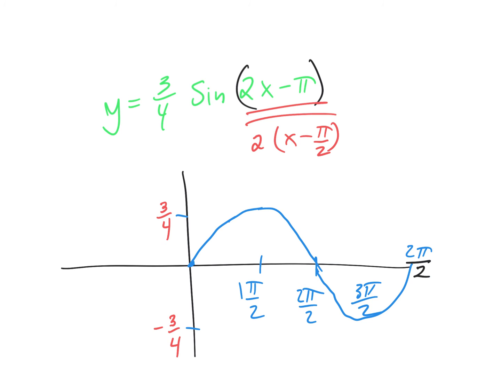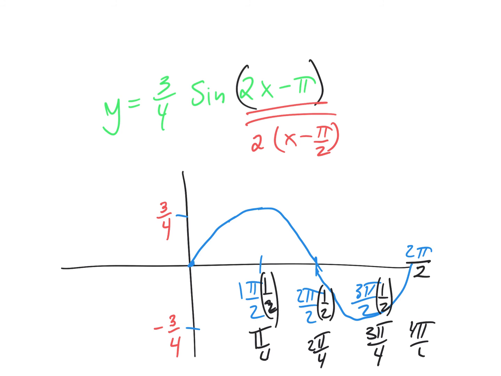Yes. That's the same as dividing by 2, but I like to write 1/2, 1/2, 1/2. Did you have pi over 4, 2 pi over 4, 3 pi over 4, and 4 pi over 4? Or you could have reduced them, of course.